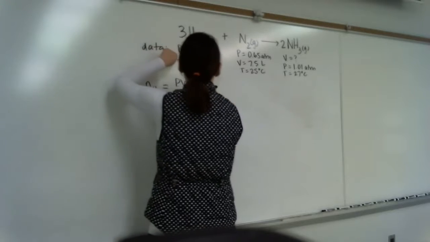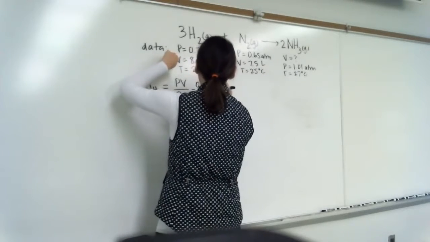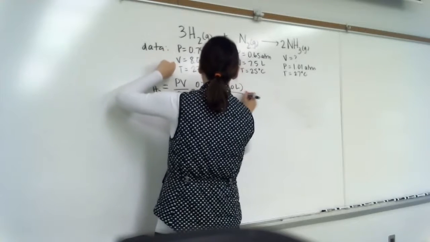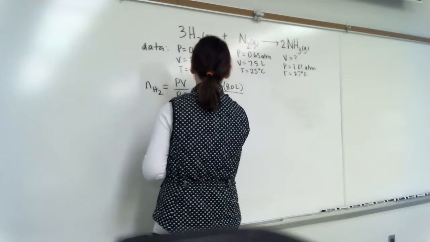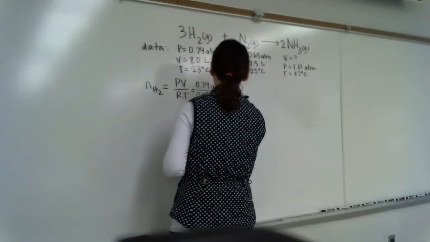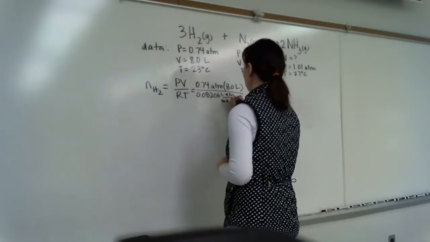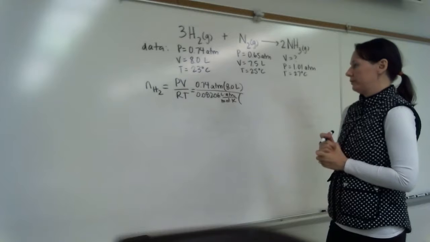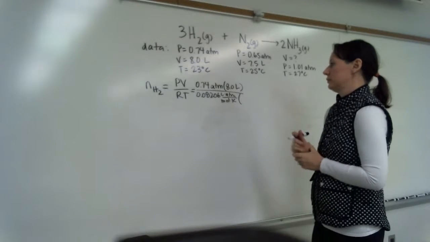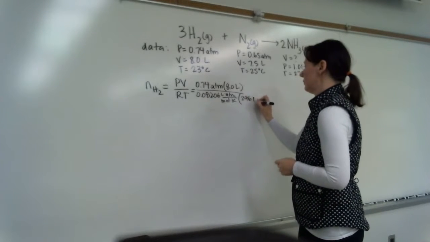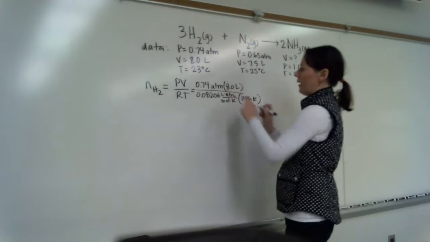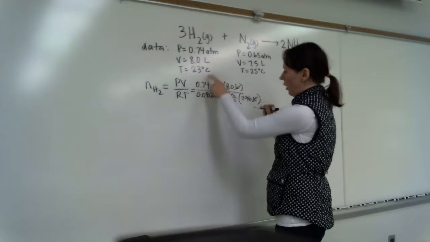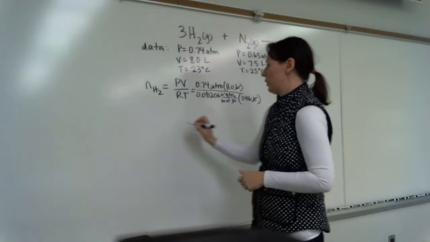So P, 0.74, V, 8 liters, R is a constant, and then what's that temperature in Kelvin? All right, so atmospheres cancels, liters cancels, Kelvin cancels. 1 over moles gives me moles.